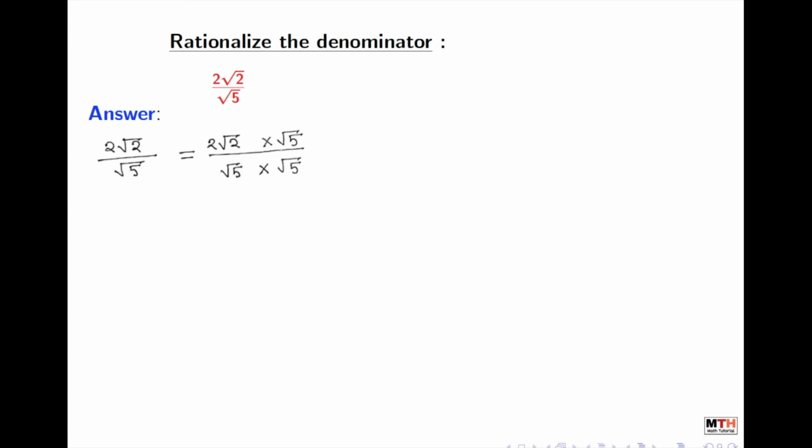So doing that we will get 2 root 2 times root 5 by root 5 times root 5, and again simplifying it, we will get 2 square root of 2 times 5 by square root of 5 times 5.